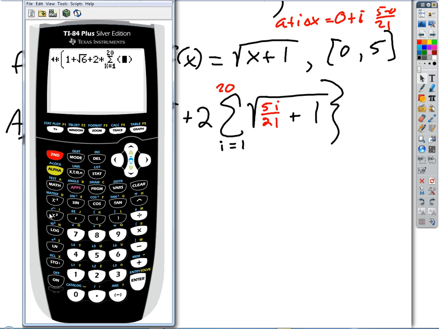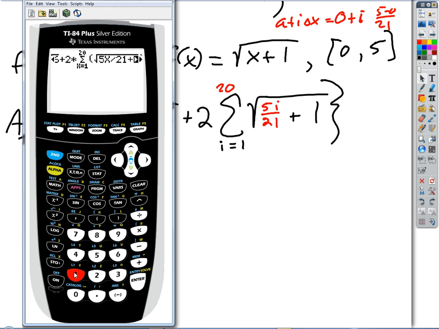So the square root of 5x divided by 21 plus 1. And if you want to, you could even use that fancy fraction template in there to make it look really cool. But, you know, that's probably good enough.